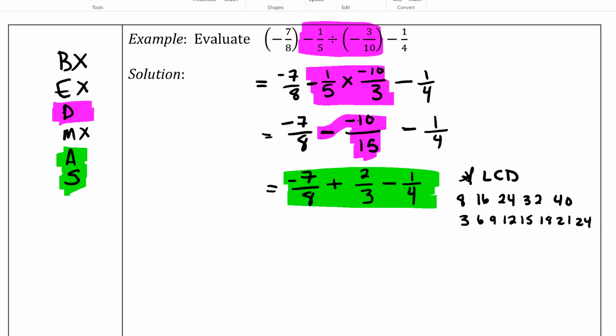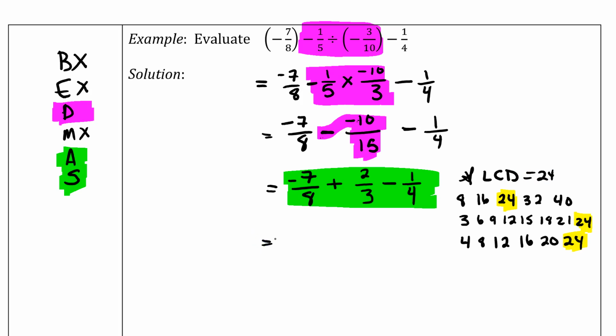Ding, ding, ding. We have a 24. Let's see if the 4 also has a 24. I think it does. 4, 8, 12, 16, 20, 24. Ding, ding, ding. So our lowest common denominator here is 24.